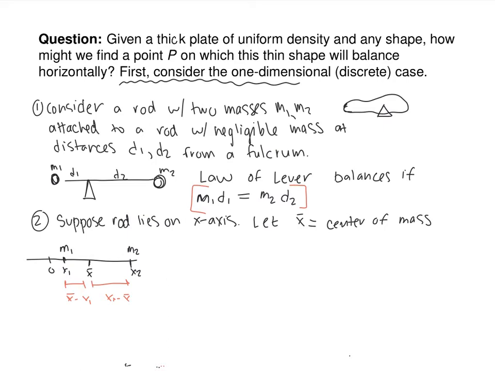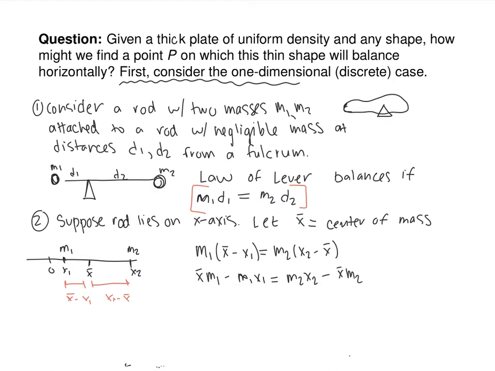Now from the law of the lever, we know that to balance, we have to have m1 times (x bar minus x1) equals m2 times (x2 minus x bar). So what we're going to do now is solve this for x bar. Distribute: x bar m1 minus m1 x1 equals m2 x2 minus x bar m2.